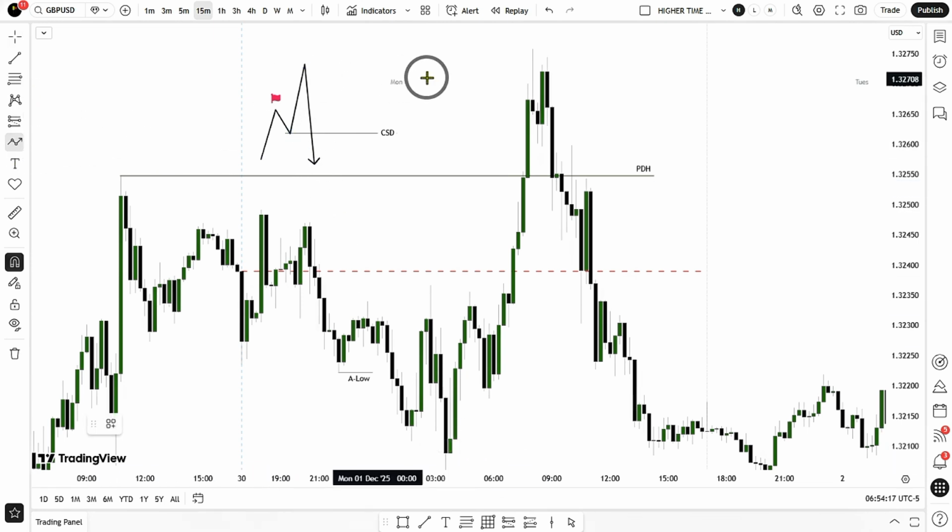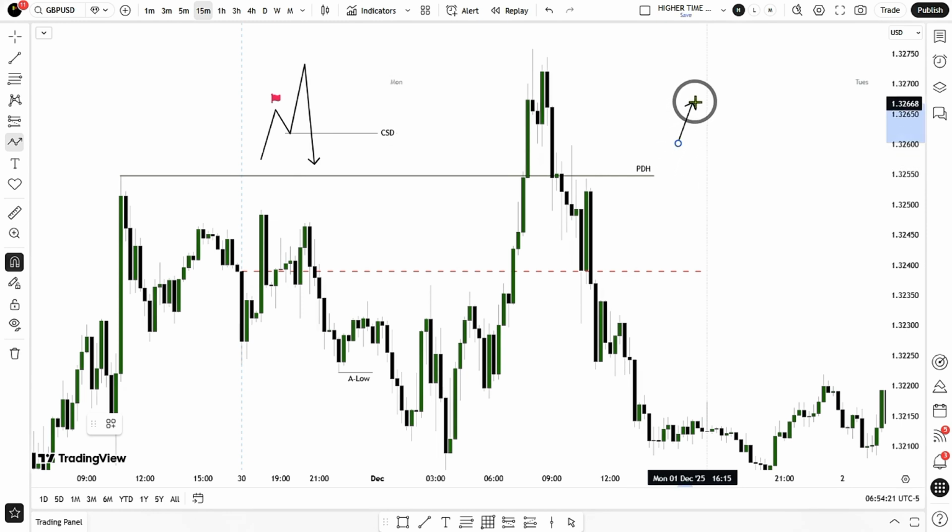Let me quickly sketch it here from the right. It's like this: it created the high, but price failed to go above that high. Then we broke this new short-term low.